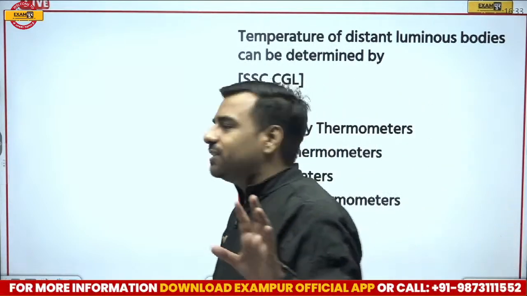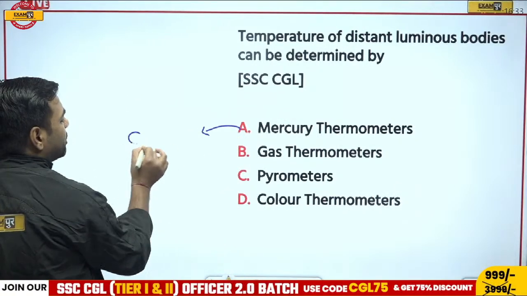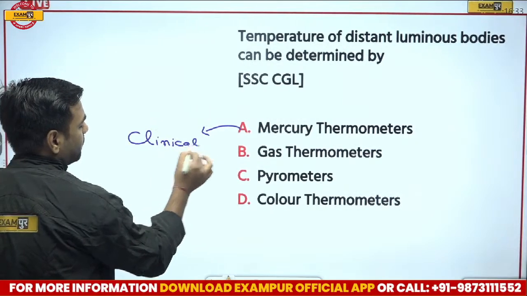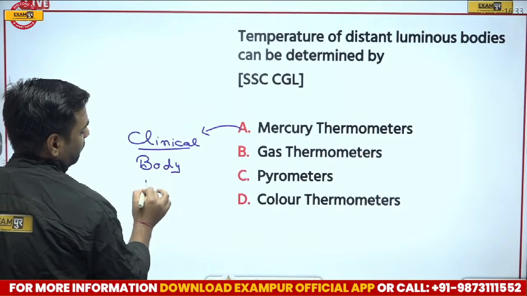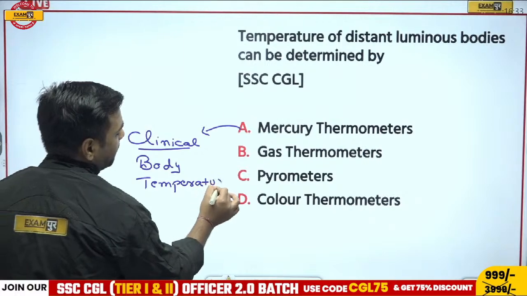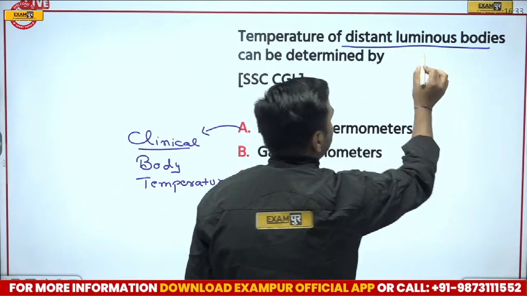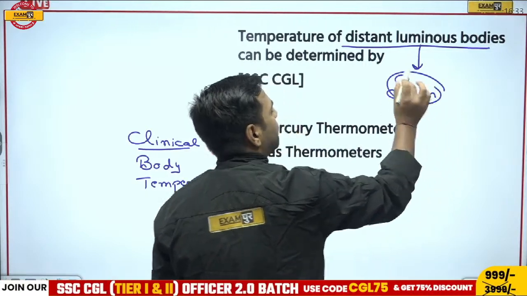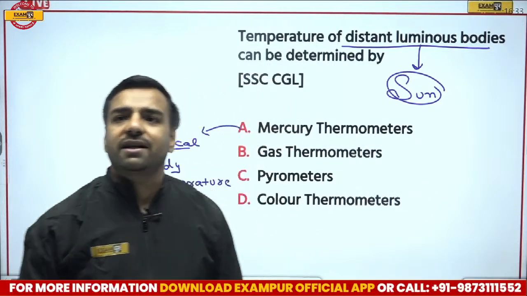If I talk about these mercury thermometers, that's true. They are those thermometers, like clinical thermometers, where you can measure the body's temperature. If I want to measure the body temperature, then I can use it. But since they are talking about distant luminous bodies, this means I can talk about the sun. Luminous bodies emit light of their own; they are not requiring anyone's light.